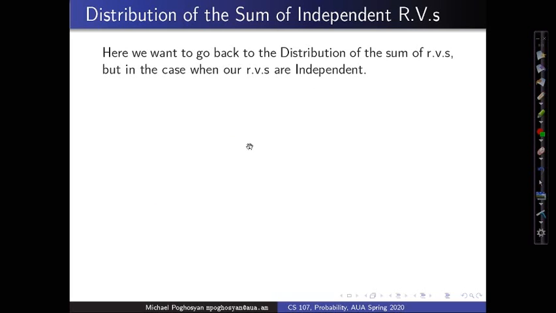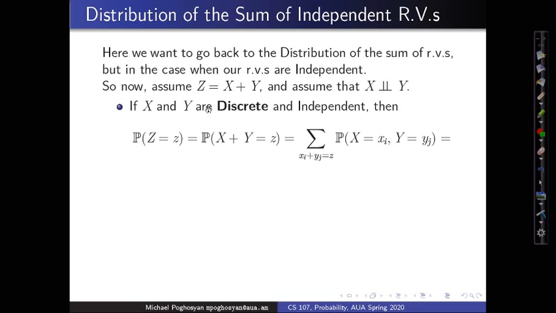So I want to go back to the distribution of sum of random variables, but for the case when we have independence. So z is the sum, and assume that x and y are independent. If x and y are discrete and independent, then the probability that z is taking some value z is the same as x plus y is taking that value z.